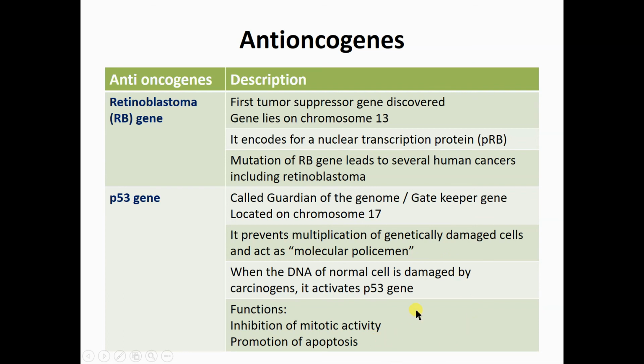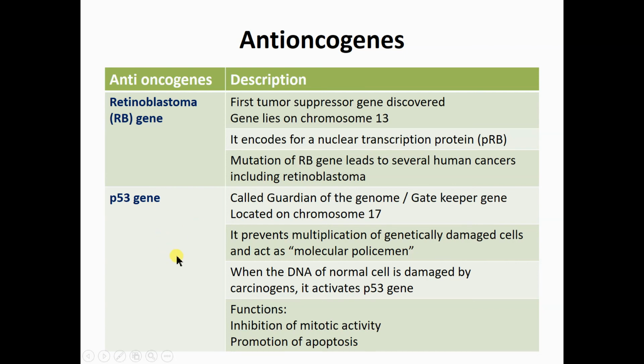But if the DNA repair genes are not able to repair the genetically damaged portion of the DNA, they signal back to the p53 gene that we have tried our best, but the genetic damage is at such a level that we cannot repair it. So the p53 gene, as the guardian of the genome, activates certain other genes, also called p21 genes.